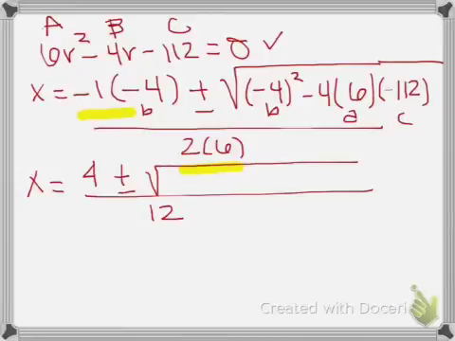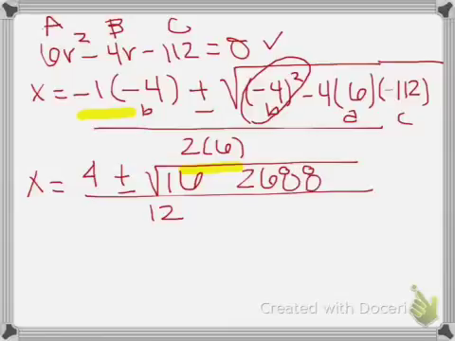And work out all this stuff inside the radical. Some people will break it down and make it easier. So they'll do 4 squared first, which is positive 16, making sure you're using your parentheses. Then we can do 4 times 6, which is 24, times 112, which is 2688.